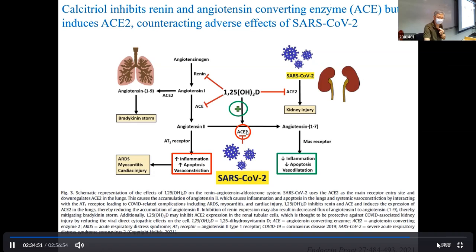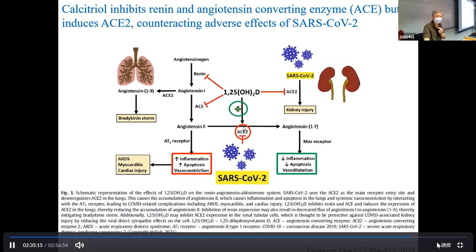What is the consequence of inhibiting this enzyme? It causes a decrease in angiotensin 2 to angiotensin 1, and angiotensin 2 can result in inflammation, apoptosis, etc. Now, vitamin D in its active form actually increases ACE2.